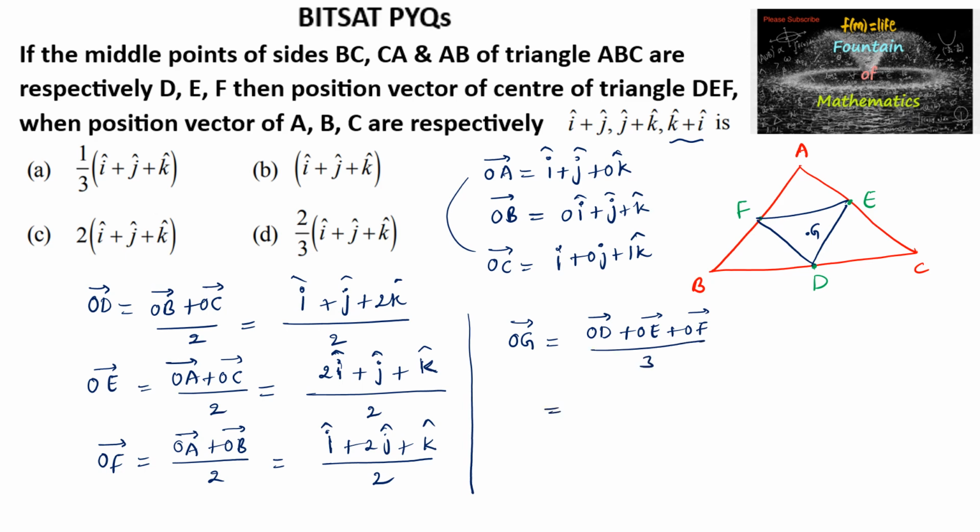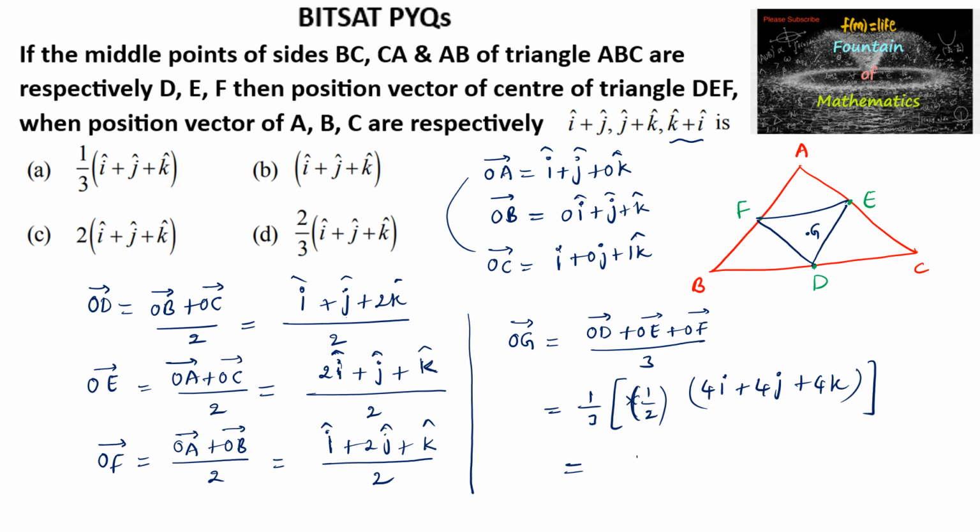So we can write 1 by 3 times, taking 1 by 2 common, 1 by 2 times of the sum: 1 plus 2i, that is 3i, plus 1i, that is 4i; 1j plus 1j, 2j plus 2j, that is 4j; 2k plus 1k, 3k plus 1k, that is 4k.